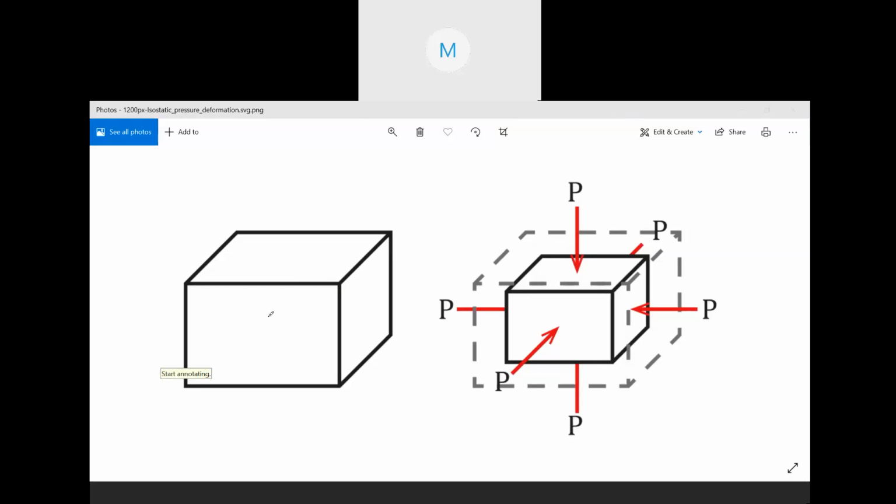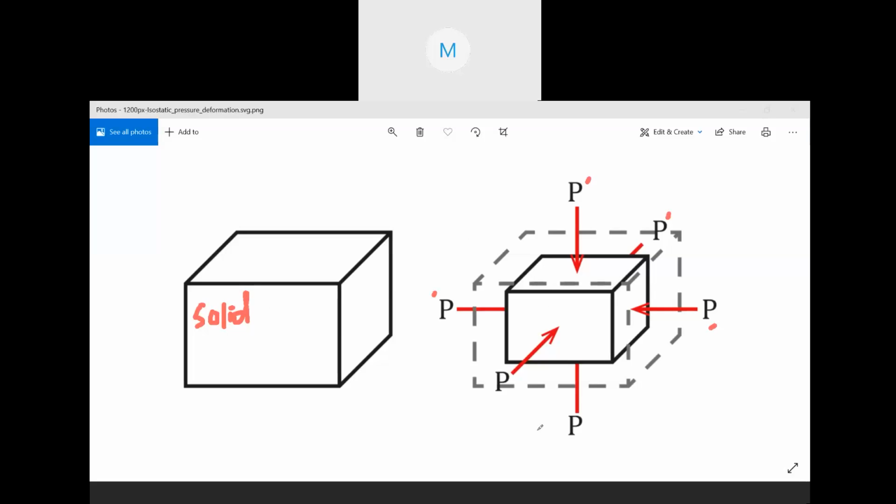Suppose this is a solid body, okay? So now what happens if you apply force or stress from all sides? Yesterday we discussed that P and F are almost equivalent.